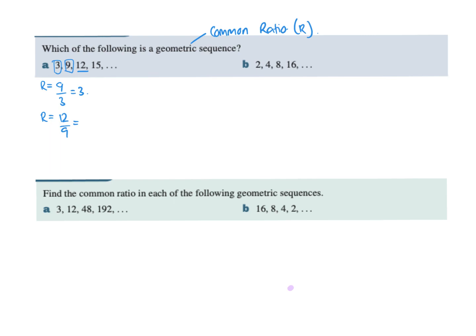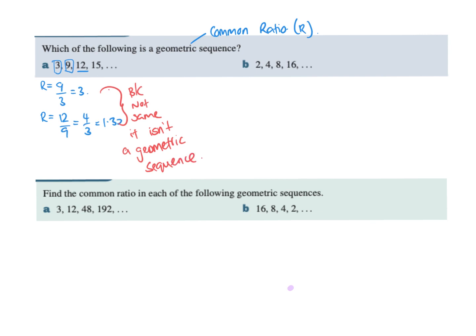No, it doesn't. It equals 4 over 3, which is 1.33. Because these are not the same, it isn't a geometric sequence. So that one's not a geometric sequence.